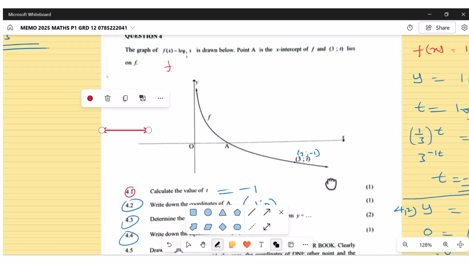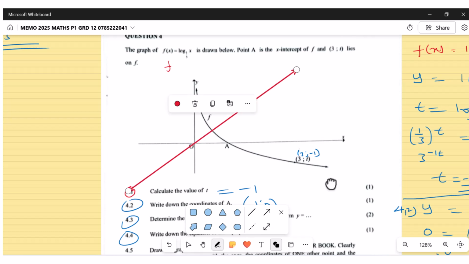Now because it's y equals x, this one being 3 to negative 2, it's going to be somewhere on this side here, because I'm putting my mirror here, right?